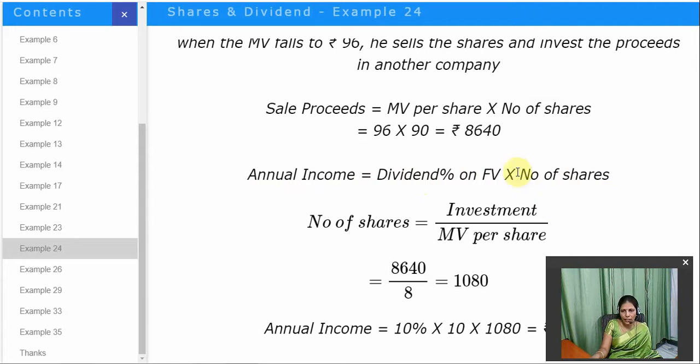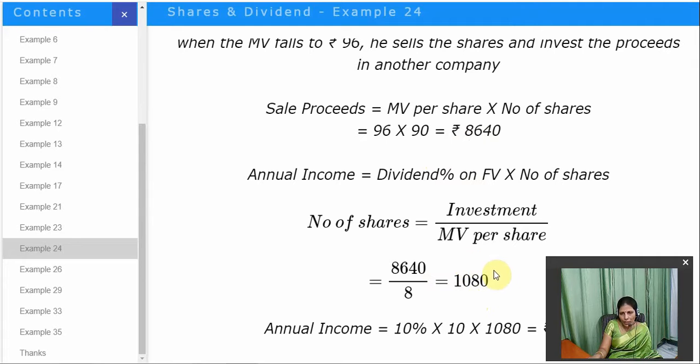As I told you earlier, the number of shares is not given because he is reinvesting in the company and buying some shares. We need to find out how many shares he is buying. So number of shares is equal to investment by market value per share. So it is 1080 shares. So he is investing the sale proceed and he is buying 1080 shares.